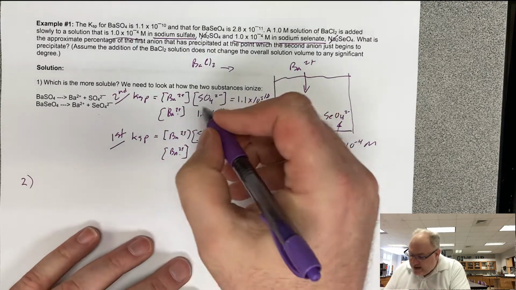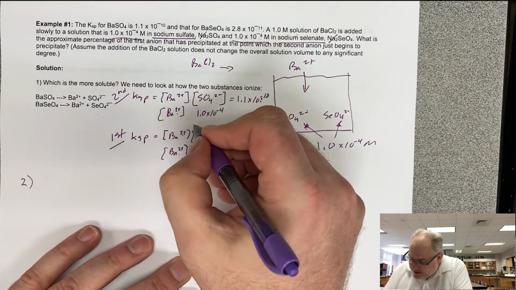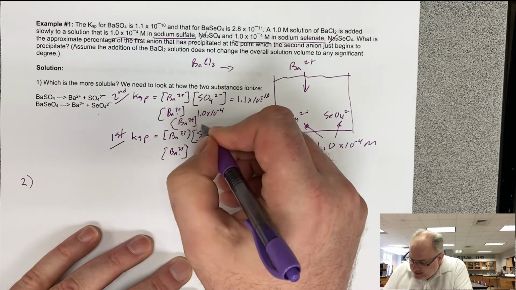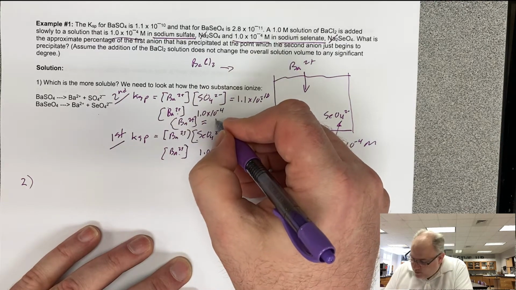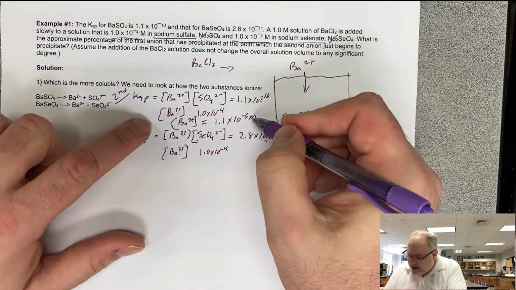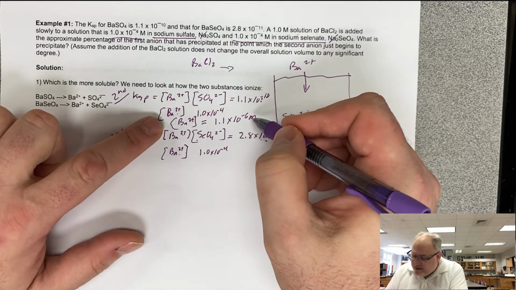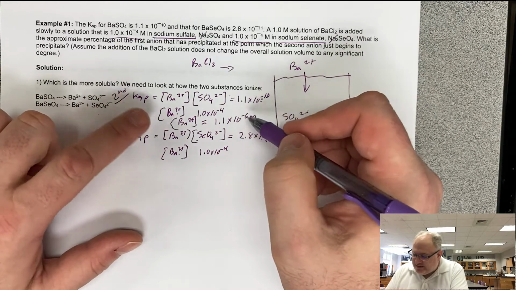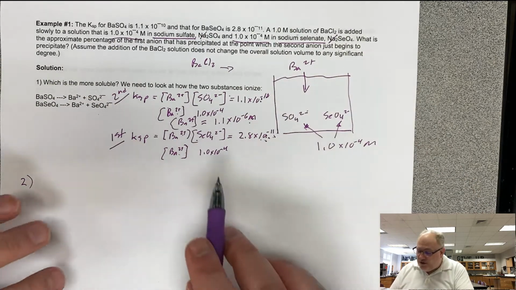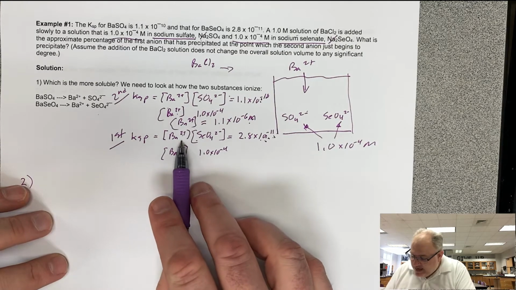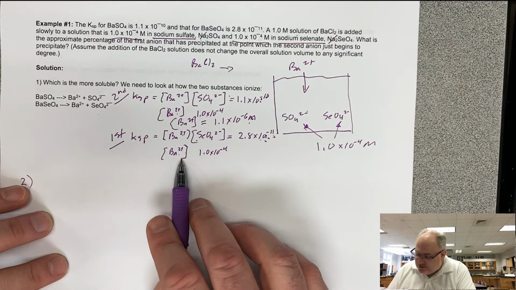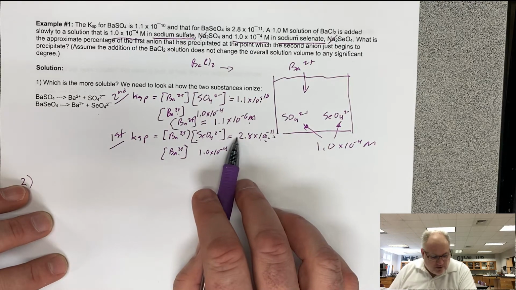Now, if we do the mathematics here, we're going to find out in this case that the Ba2+ concentration is going to be equal to 1.1 times 10 to the negative 6. That's the amount of Ba2+ that we need in order for the second thing to start precipitating based on this equation. So we want to know how much of the first ion is left in the solution when the second one starts to form.